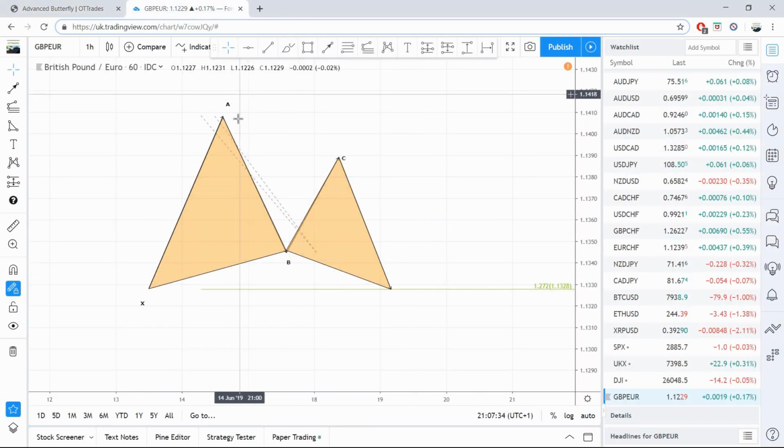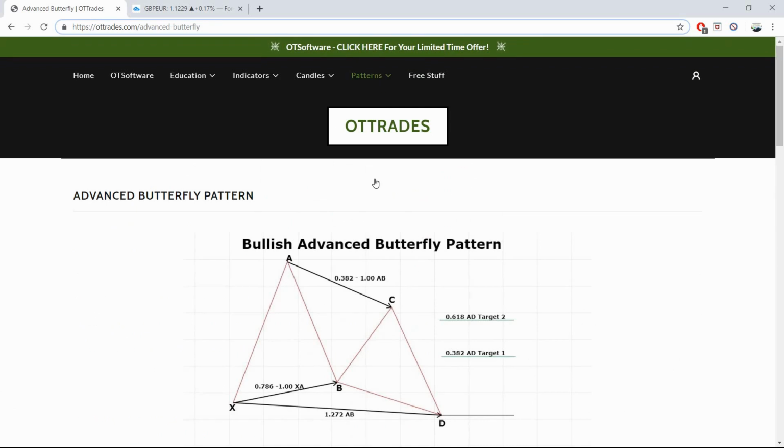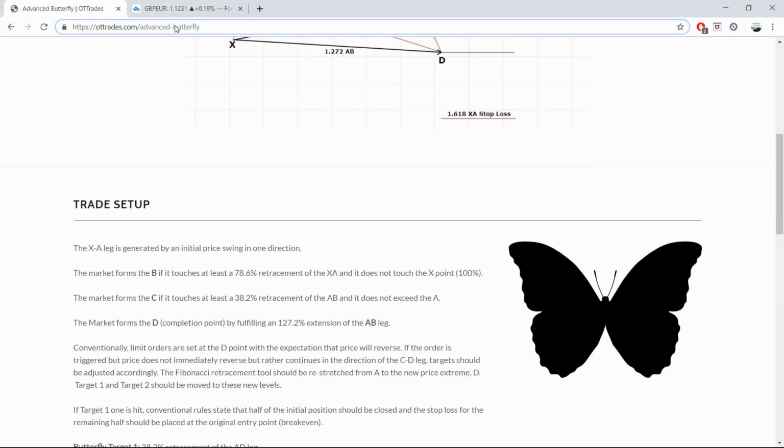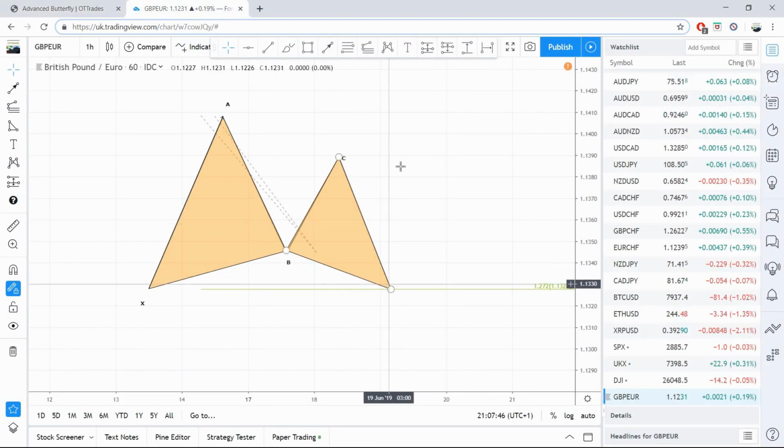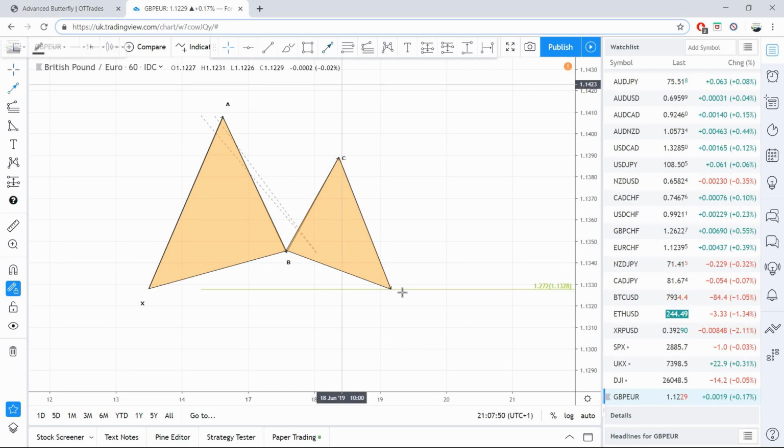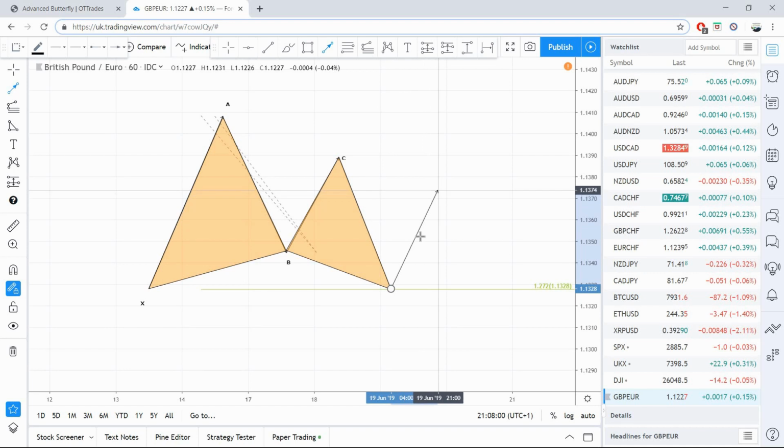So in these advanced patterns, if you watch the harmonic pattern videos that explain that as well, or go on to the website and have a look at them at the bottom here. But for advanced patterns, we set the D point as limit orders, and we're looking for reversals here, hence the limit orders. So we're looking for price to bounce off of this level. It's not going to be exact, it's going to be higher or lower than this level, but we're looking for price to bounce off of this level and move in the opposite direction.